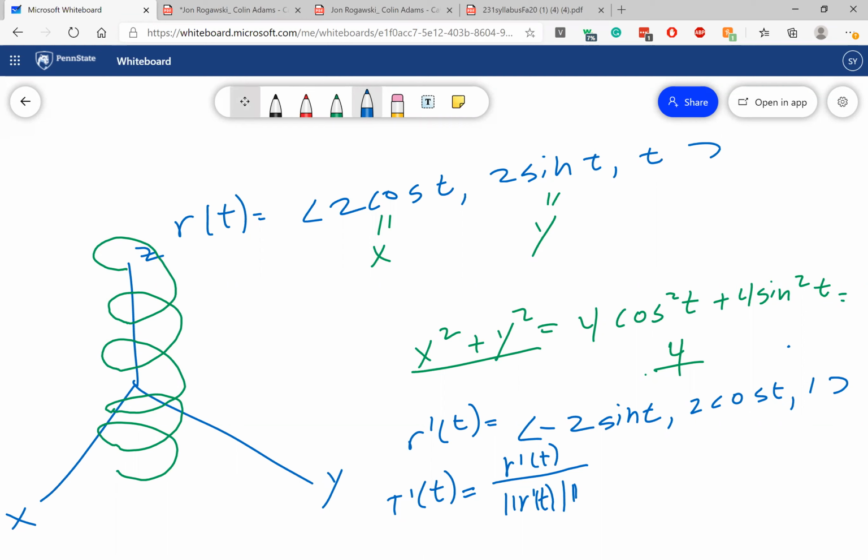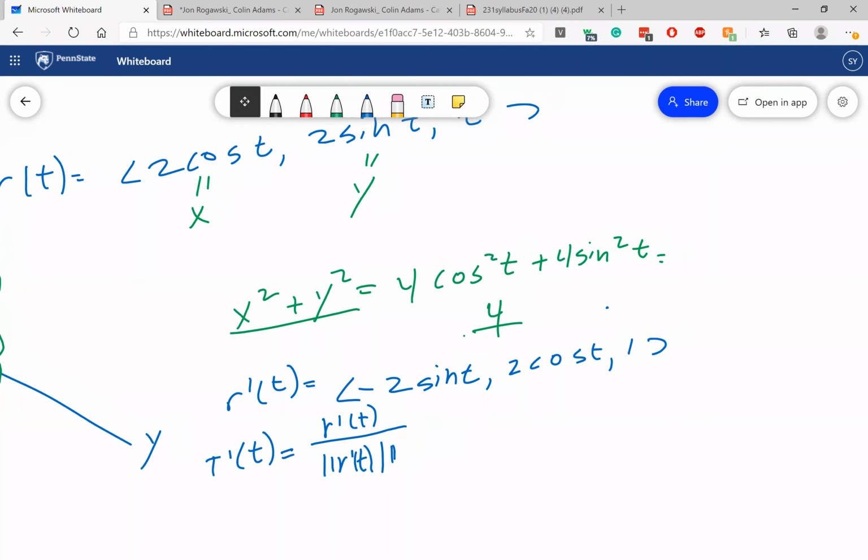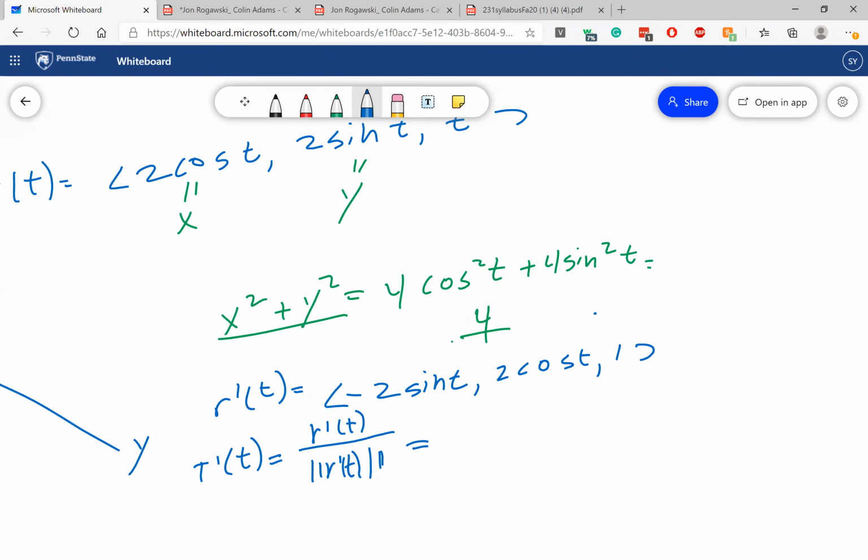Okay, and now so what is the magnitude? So this squared plus this squared. So let's just figure out what the magnitude of r prime of t is. So that's going to be the square root of 4, and then plus 1, since sine squared plus cosine squared is 1.